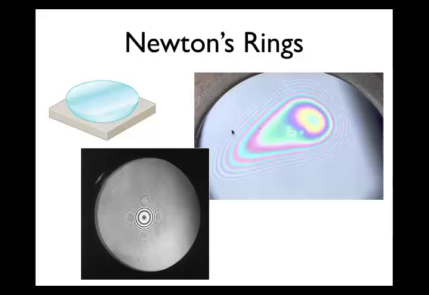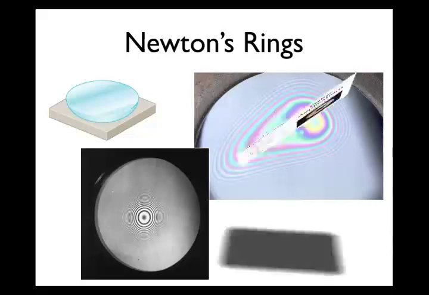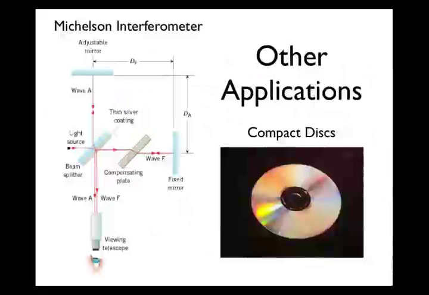And so you can form these actually somewhat beautiful patterns on puddles or what have you, or with lenses that form these regular patterns. And again, counting the fringes can tell you something about the thickness, or knowing something about the thickness of the material can tell you something about the number of fringes.